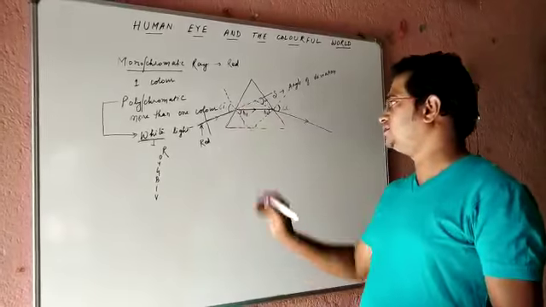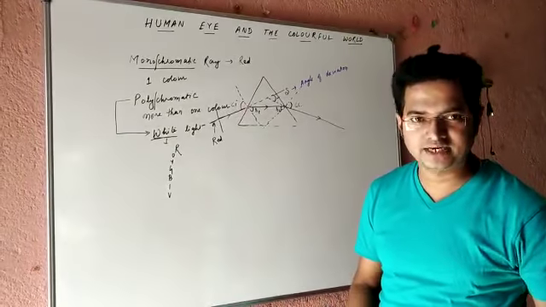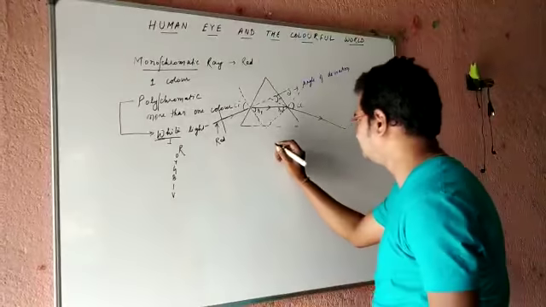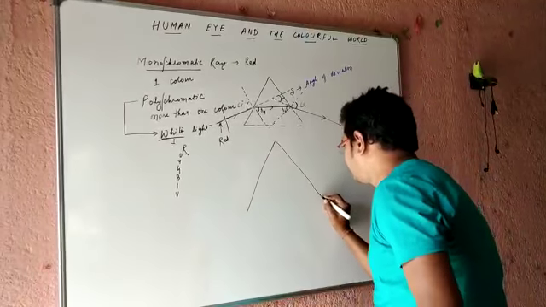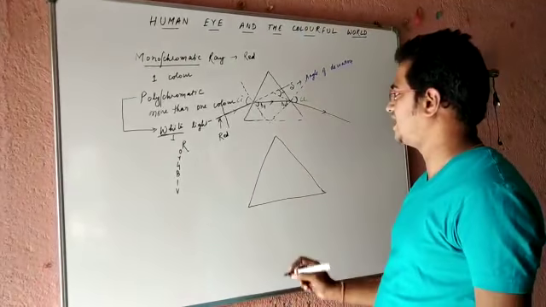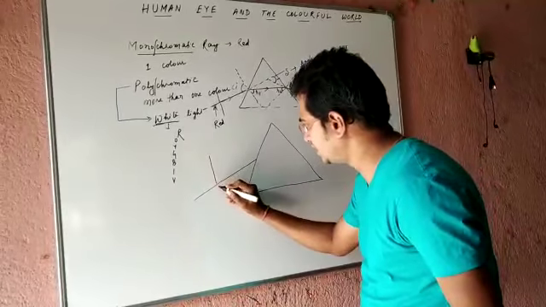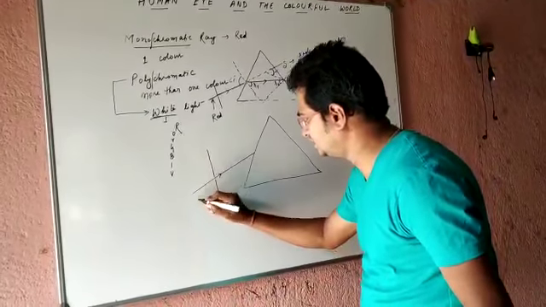This happened because it was a monochromatic ray. That is, we have taken the ray of red color. Same situation is there, same prism is there, and we will pass a polychromatic ray. Suppose we are passing white light.